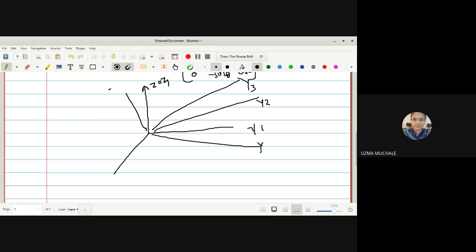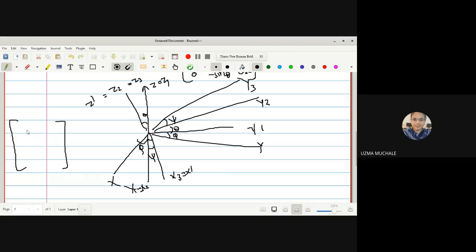Next it is z2, which is equal to z3, which is equal to z dash. Here we have the x-axis. This is x1 is equal to x2. Here the angle is phi. The next one is x3 equal to x dash, through an angle psi. This is phi, angle theta and psi, and this is through an angle theta. Okay. So this was the figure, and here we found the rotation about the z2 axis.